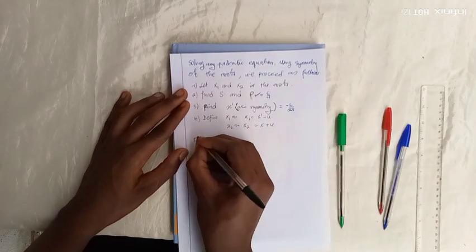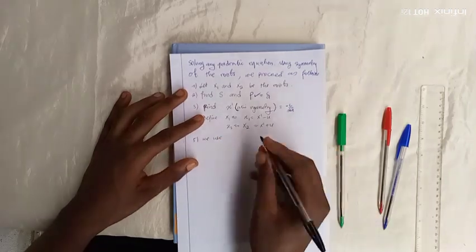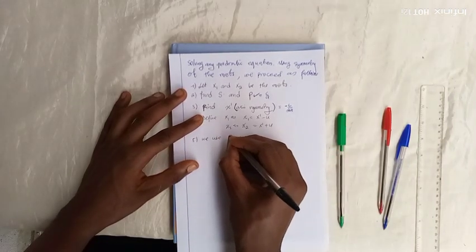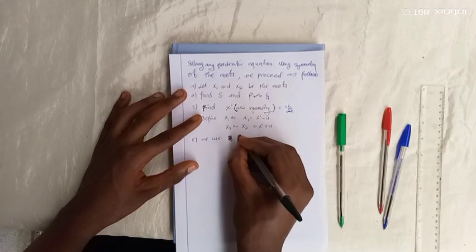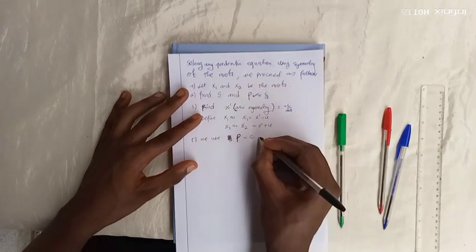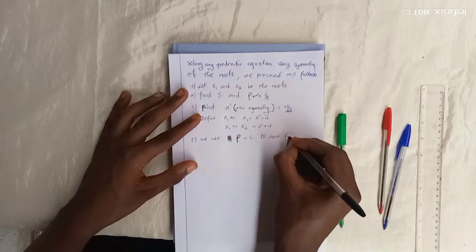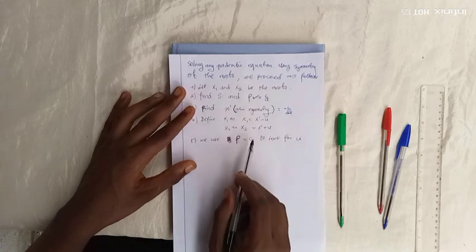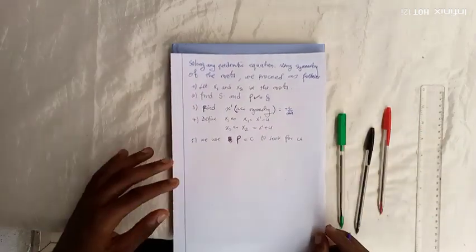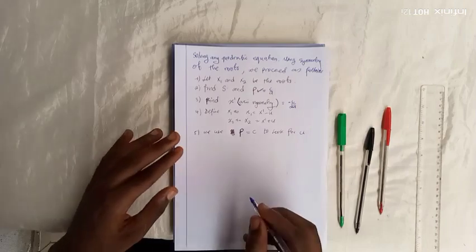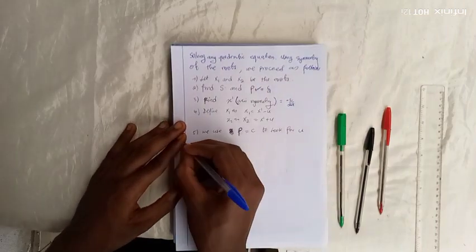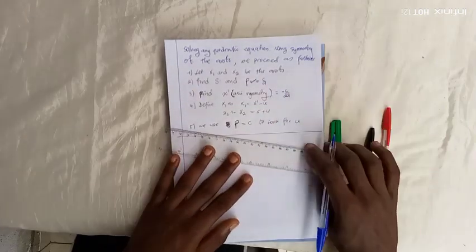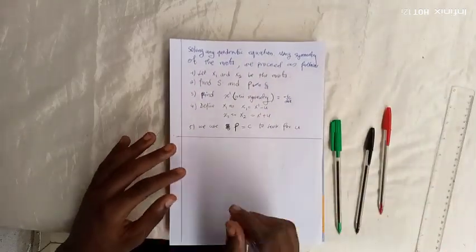The last step is to use the product of roots, p equals c over a, to look for u. Once you get the value of u, you can replace it here to get x1 and x2. I'm going to do one example so that you see how short and simple it is to use. That's basically how you solve a quadratic equation using symmetry of the roots. Follow these steps and you get it done.